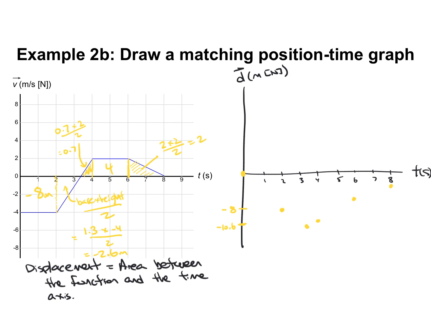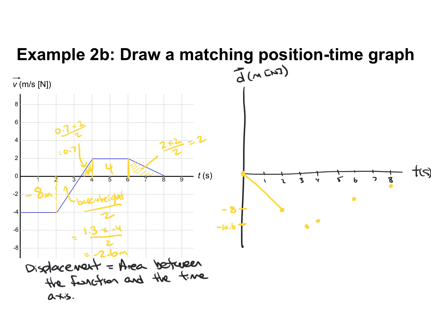But it matters if you join them up with a straight segment or with a curve. Because the first 2 seconds is a constant velocity, I'm going to join these up with a straight line. However, because the next section is slowing down and the section after that is speeding up, I'm actually going to have to draw curves.